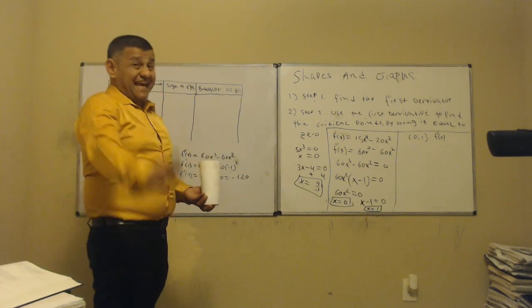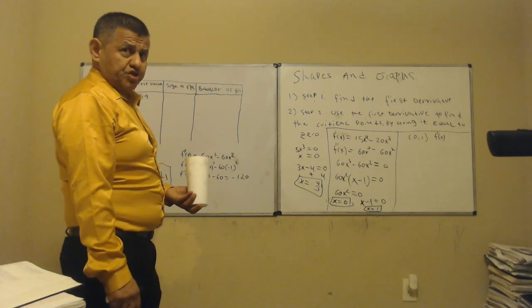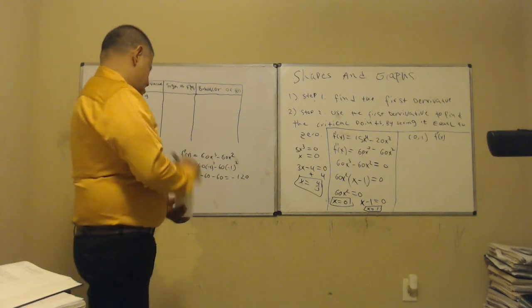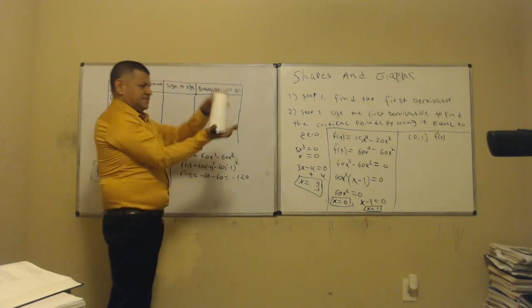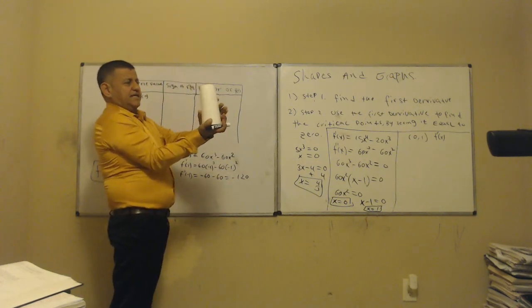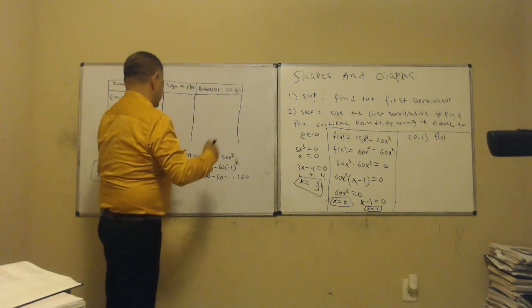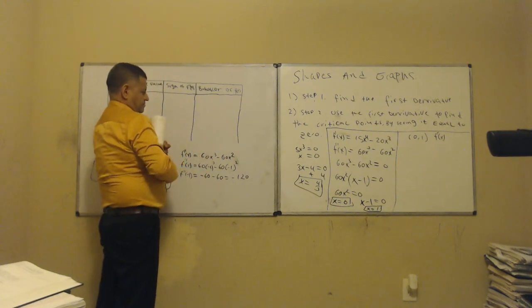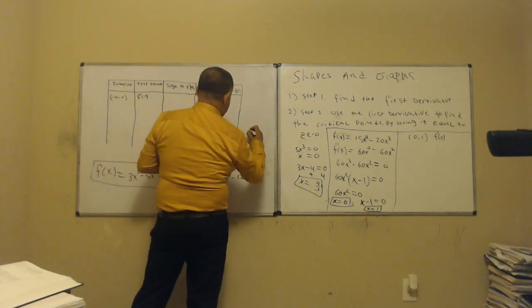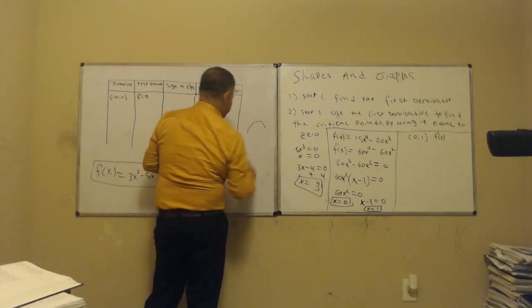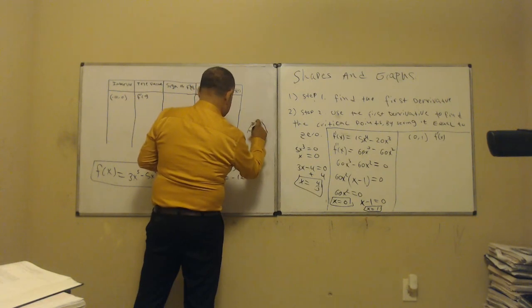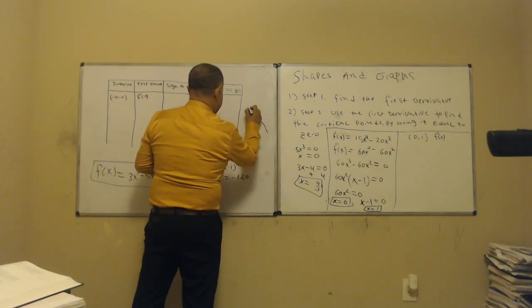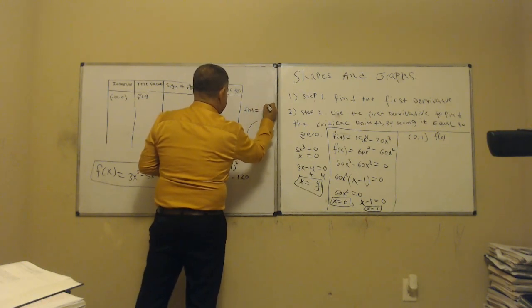Remember, I am taking the second derivative of the function. Again, take this glass, flip it. Take the first derivative. Or something like this. Remember, the parabola looks like this. And technically, this is f of x equal to minus x squared.